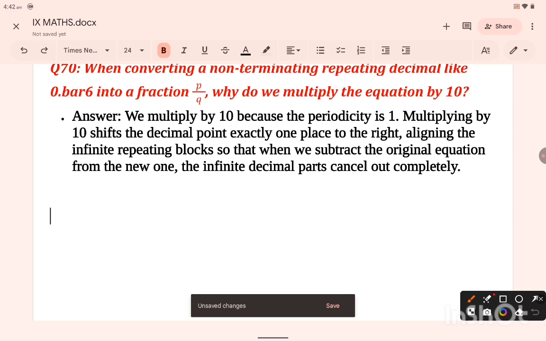When the given fraction is a non-terminating repeating decimal, we can multiply by 10 or exponents of 10. What is the reason here? For cancelling the infinite decimal part.